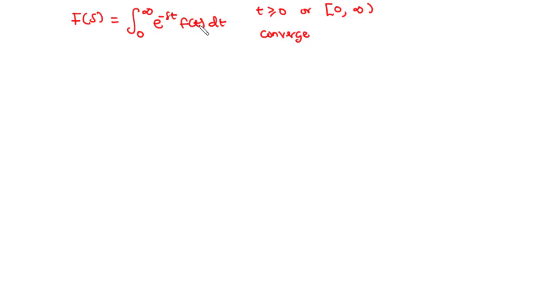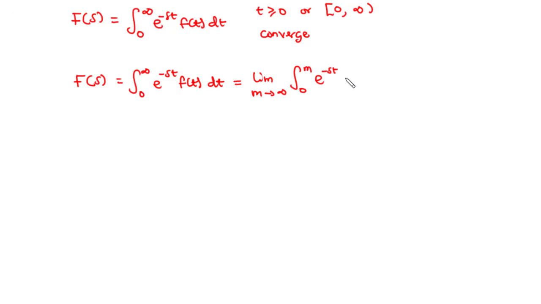Now the Laplace transform of the function f of t, which is given as F of s and is equal to the improper integral from 0 to infinity of e to the power negative st times f of t dt, can as well be represented as the limit as m approaches infinity of the integral from 0 to m of e to the power negative st times f of t dt.